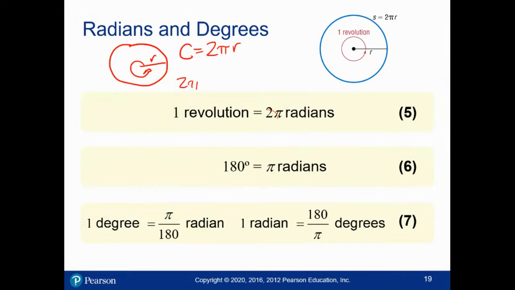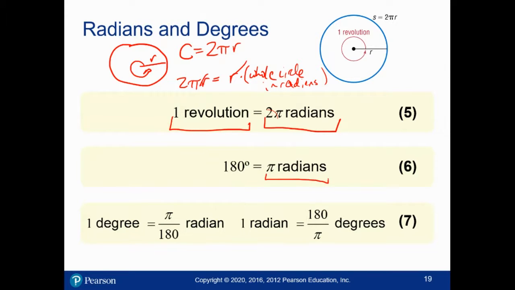So that arc length, 2 pi r, should be the radius times the whole circle measured in radians. We cancel off the r, and we quickly see that going all the way around the circle is exactly 2 pi radians of angular measure. If I divide this by 2, we can see that halfway around is pi radians.